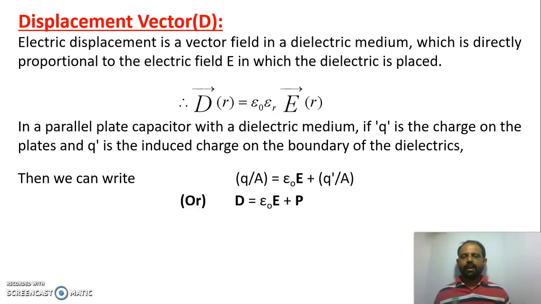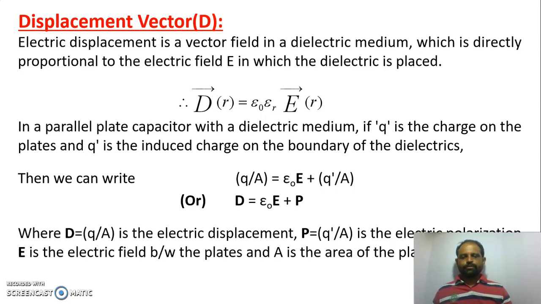Therefore we can write this expression as capital D is equal to epsilon naught E plus P, where D is equal to Q divided by A and P is equal to Q dash divided by A. This D is called the electric displacement vector, or simply the electric displacement, and capital P is called the electric polarization.